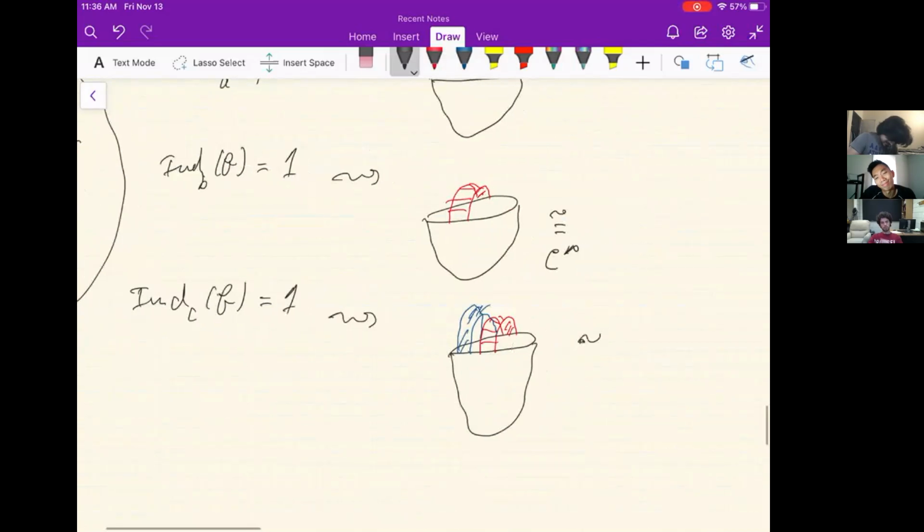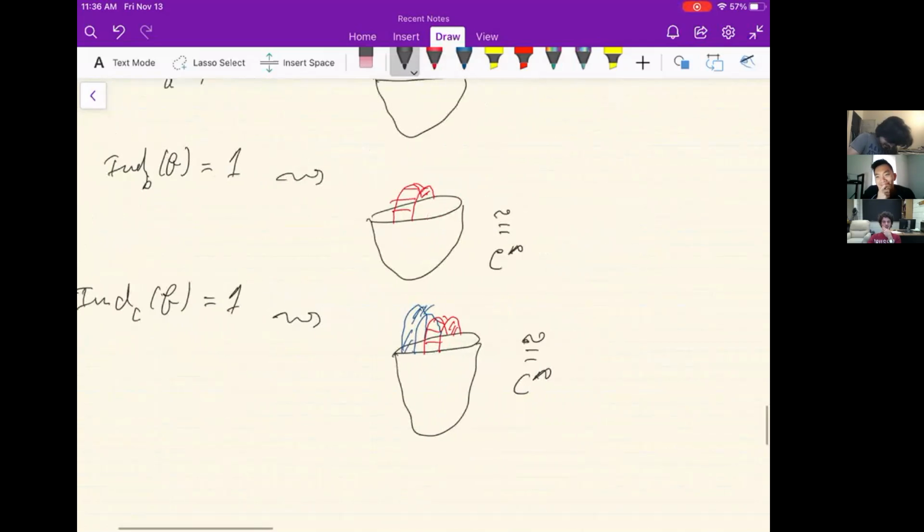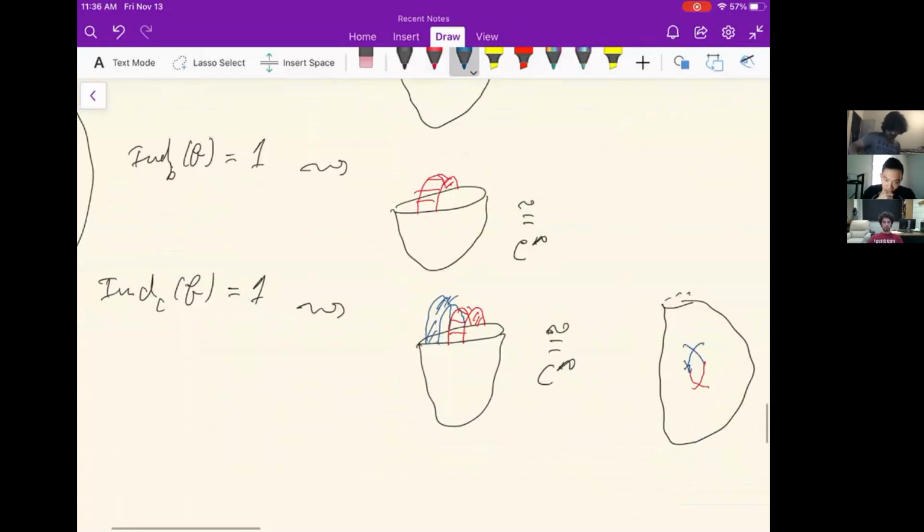Now I claim that this is easy to see, hard to draw. So I claim that if you have this sort of hemisphere, you add two belts.